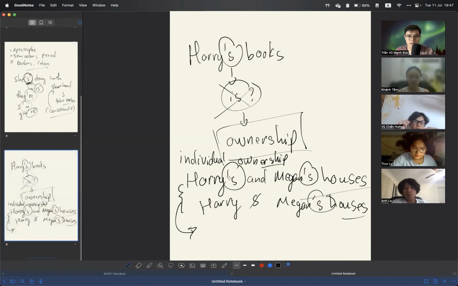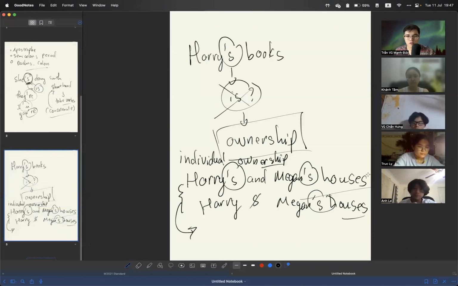which means that Harry and Meghan don't share the house, but the house is of private ownership of each individual, which means Harry and Meghan have two different houses and they don't live with each other. Harry doesn't have Meghan's house and Meghan doesn't have Harry's house.